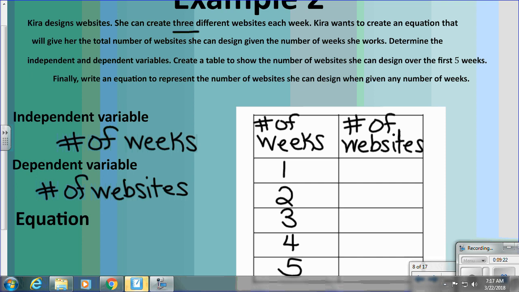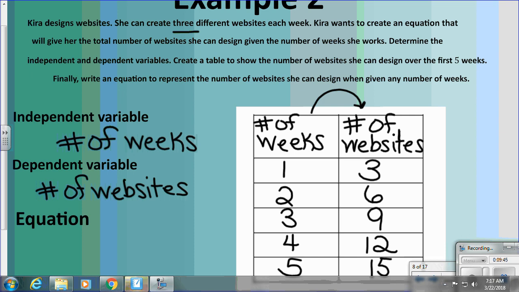So 3 each week. So on week 1, she can do 3. On week 2, she can do 6. On week 3, 9. Week 4, 12. And week 5, 15.